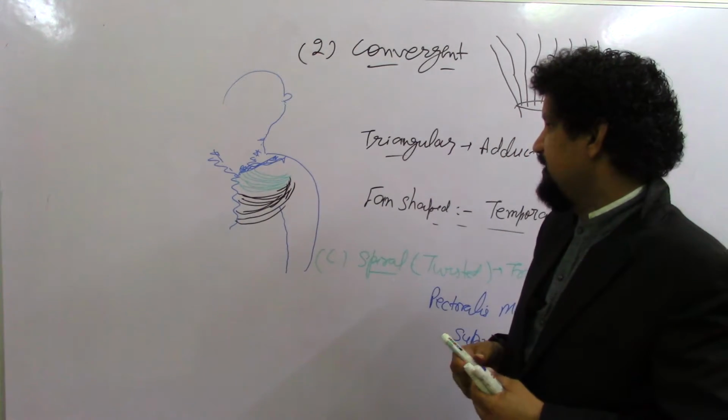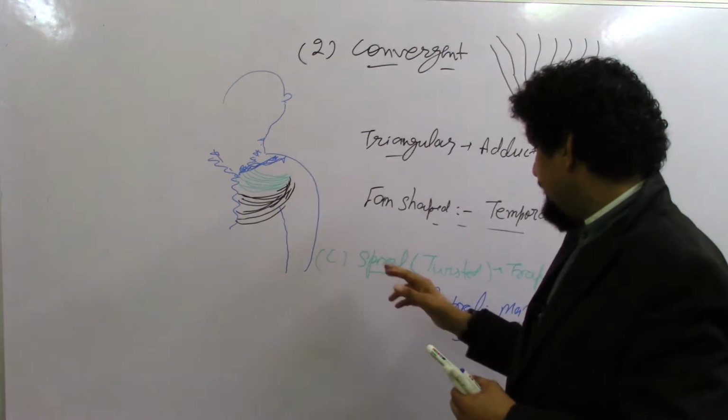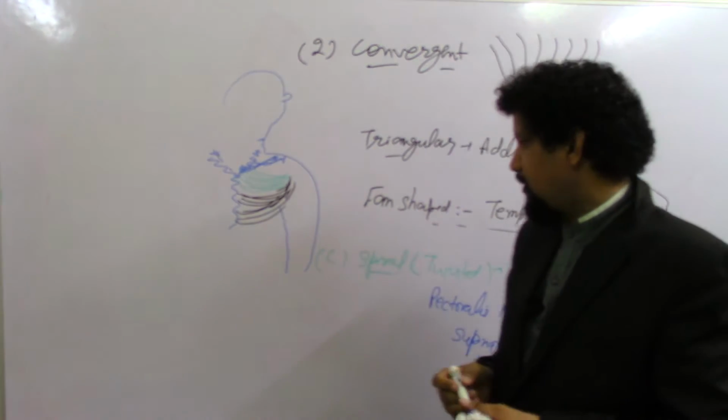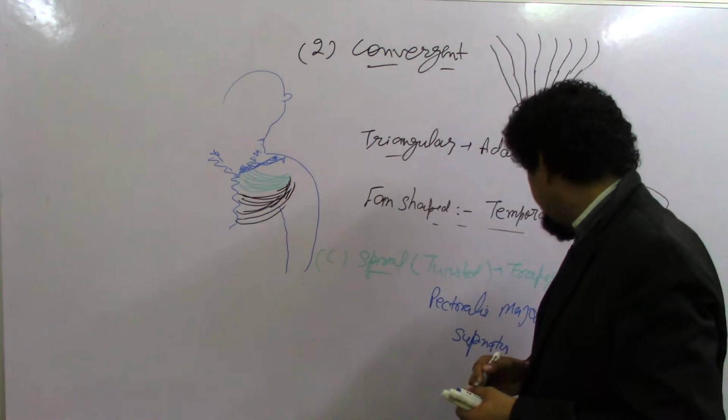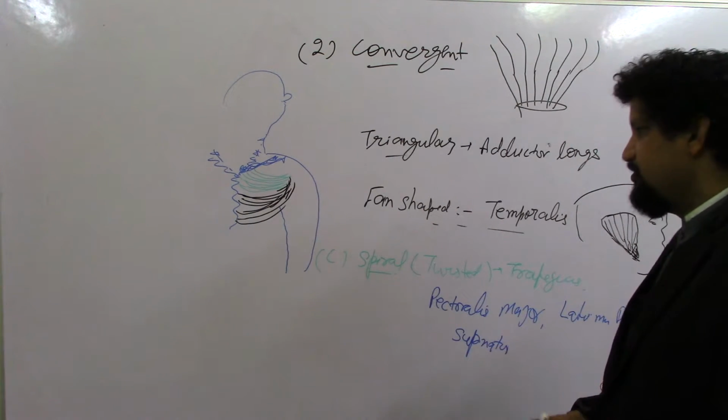So this is the twisting or spiral type of arrangement of fibers in some muscles like the trapezius, the pectoralis major, latissimus dorsi and the supinator.